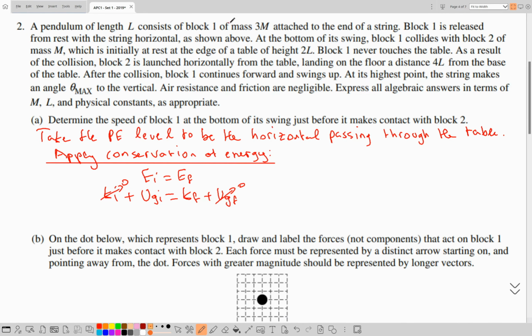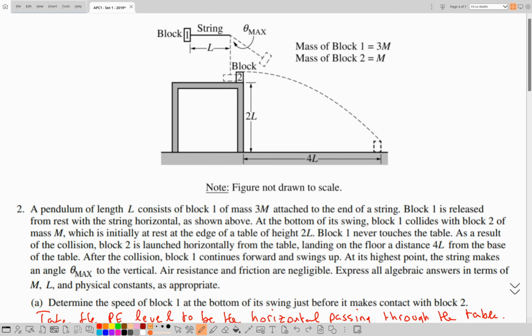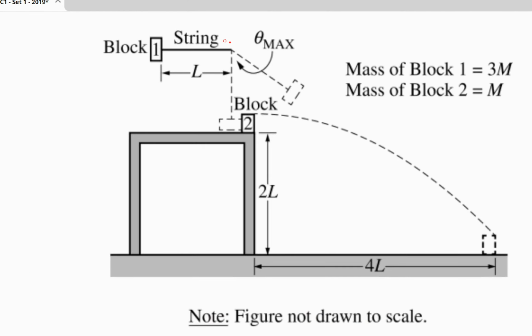Now remember that the mass of block 1 is 3m, so that would be 3m multiplied by g multiplied by h is equal to half times 3m multiplied by the final velocity that we wish to determine, v squared. Here we can apply the cancellation effect for the masses. Now what is h?